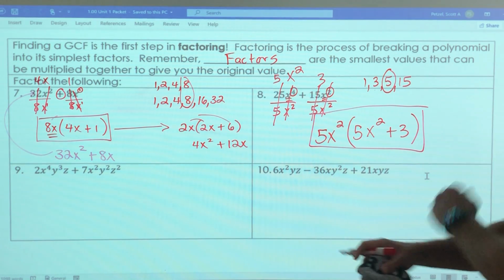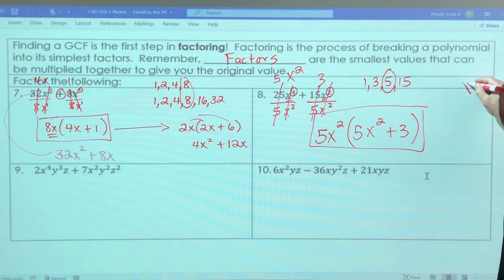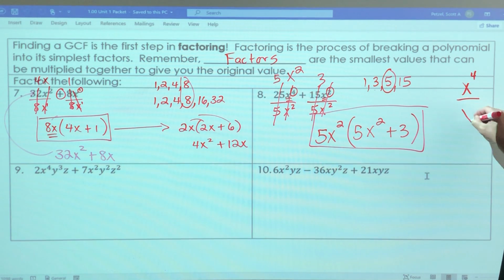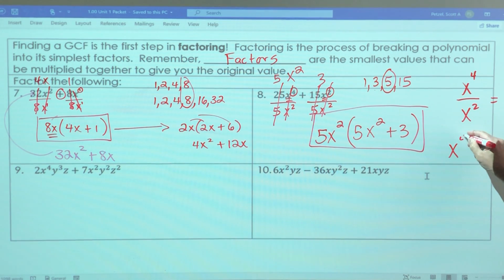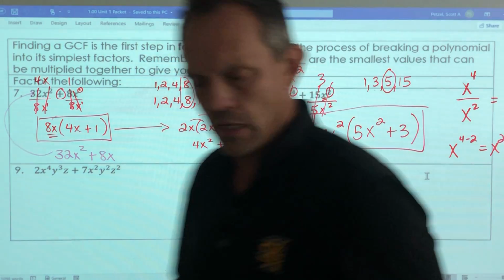Hence, they stay inside. If you were wondering why this becomes x squared, it's because you simply subtract the exponents when they're divided like that. That's how that works. Okay? Hopefully that's on the screen. Let me make sure.